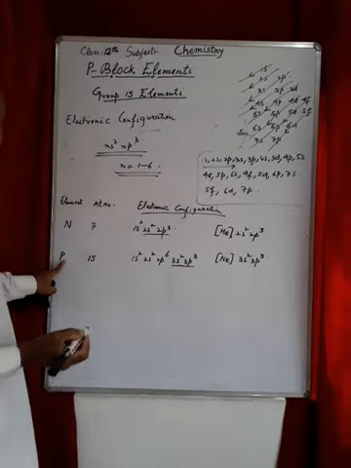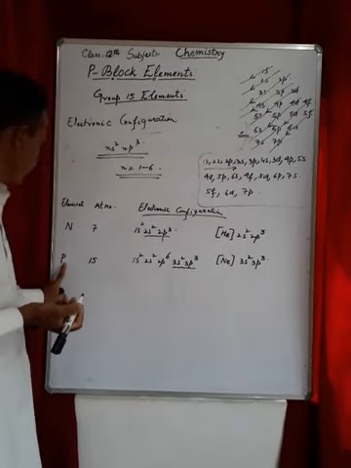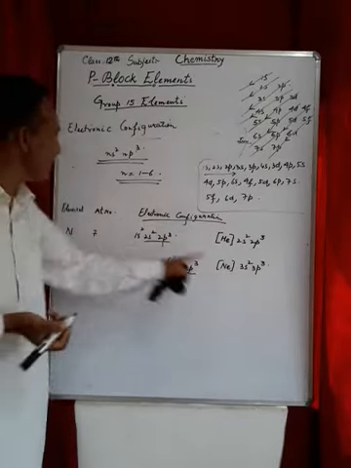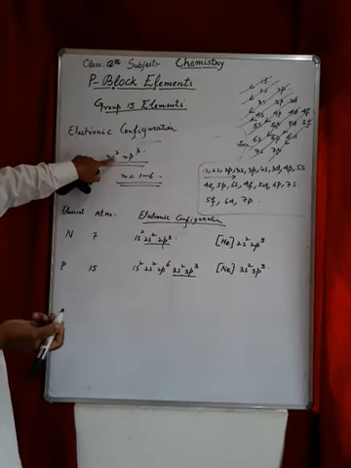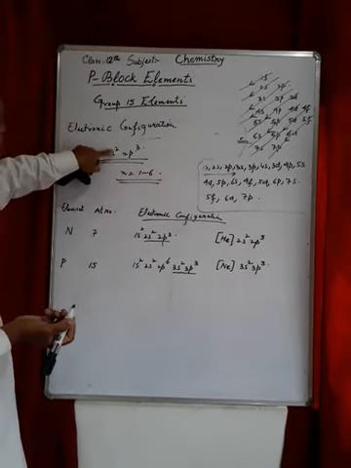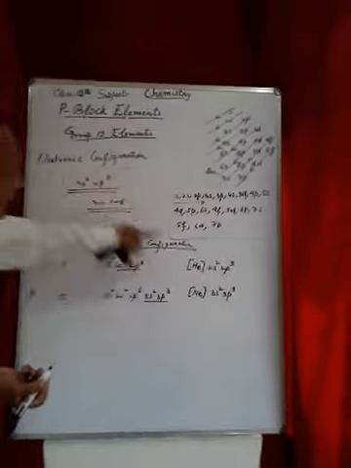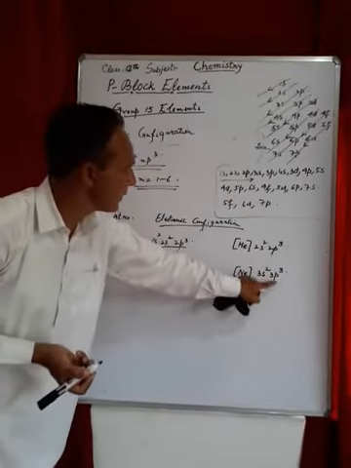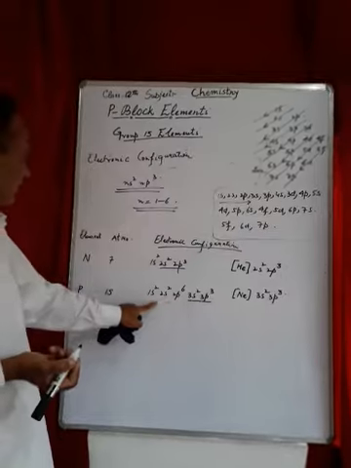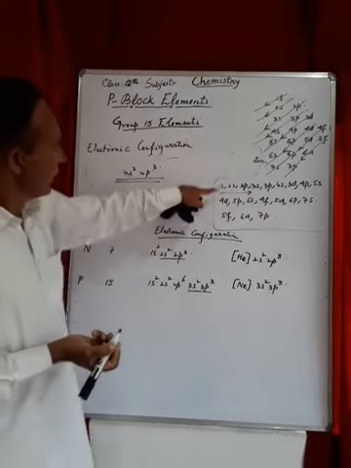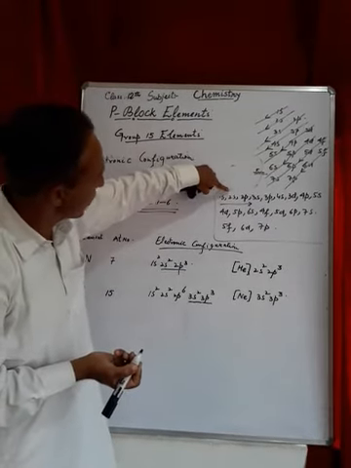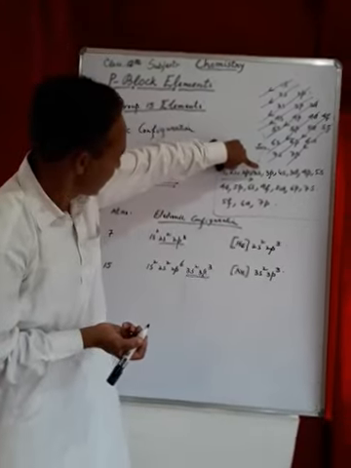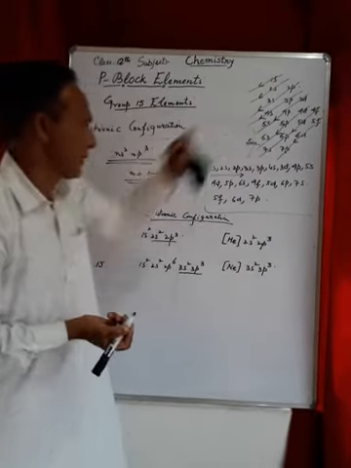Here, while writing the electronic configuration of phosphorus, the value of n is 3, so the outer shell electronic configuration is 3s2 3p3. So this is the electronic configuration of phosphorus: 2 in 1s, 2 in 2s, 6 in 2p, 2 in 3s, 3 in 3p.